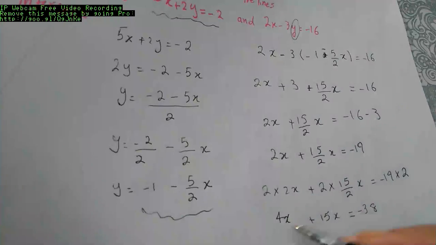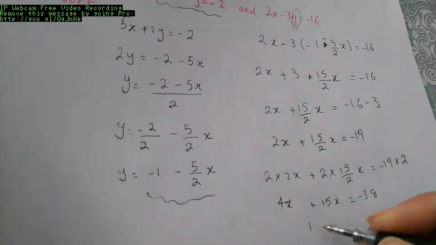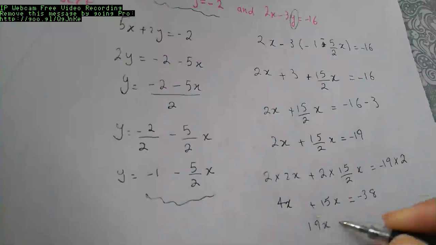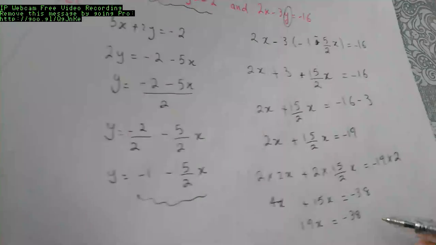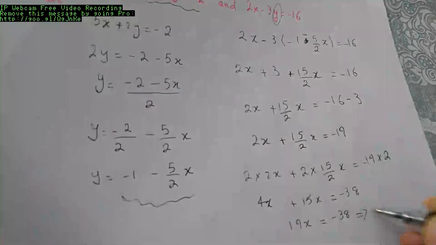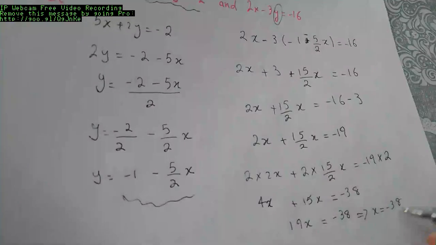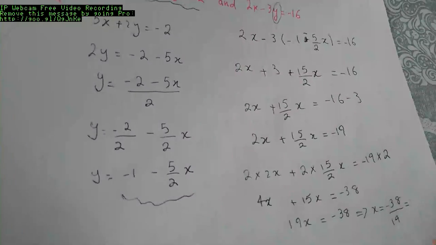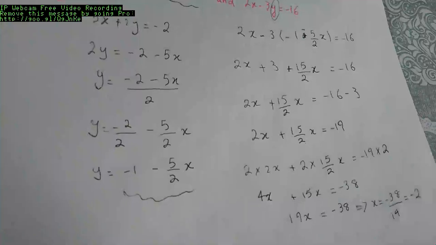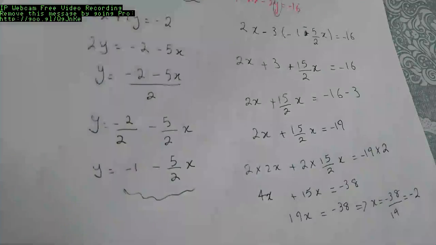So it's 19x equal to -38. Therefore, x is -38 divided by 19, which is equal to -2. So we got our x, right?